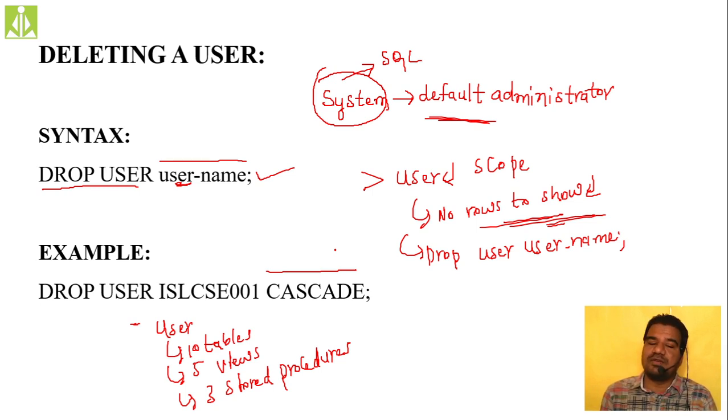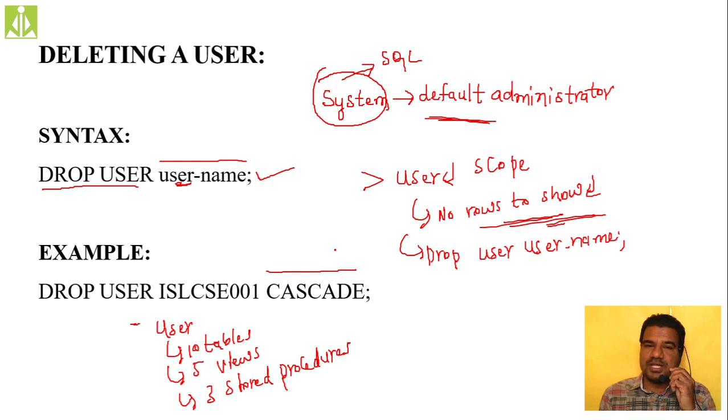Inside the user I now have 10 tables, 5 views, 3 stored procedures. Your drop command does not have the authority to delete those contents. So that is the reason we are forcing your drop command to delete those as well, by giving special permissions, by enforcing cascade.